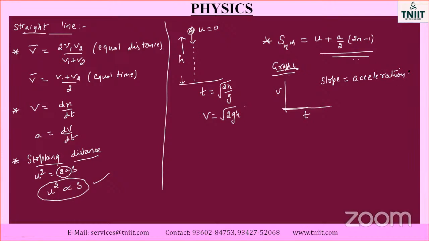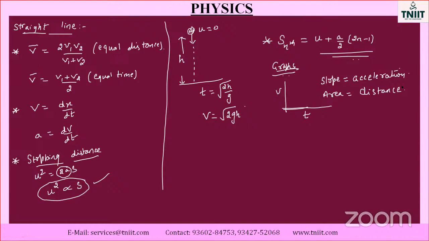If you calculate the area of the velocity time graph, it represents the distance covered. So please remember, the slope of the velocity time graph is acceleration.